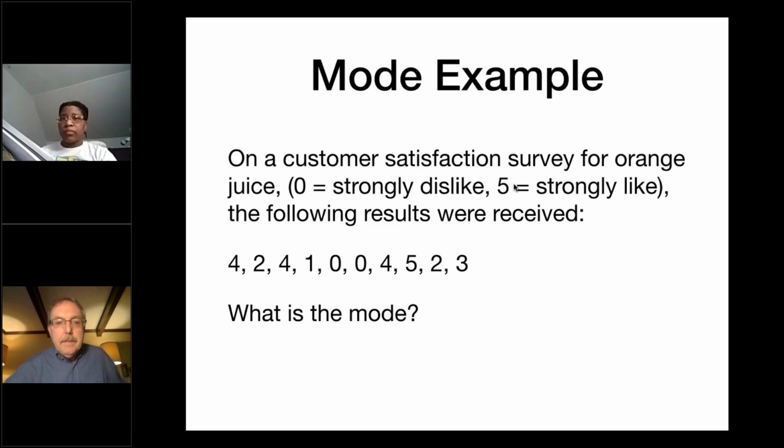So let's say that we have this set of numbers that we got back from the survey. Let's figure out what the mode is. Now you may be able to see from looking at it what it would be, but we'll follow the steps to figure it out.